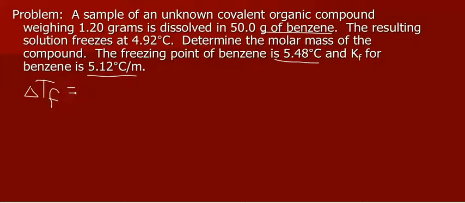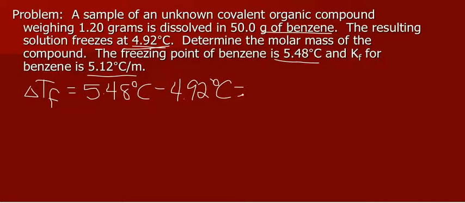I can find delta T by taking the freezing point, which is 5.48, and subtracting what the solution freezes at, which is 4.92. So delta T is 0.56 degrees Celsius.